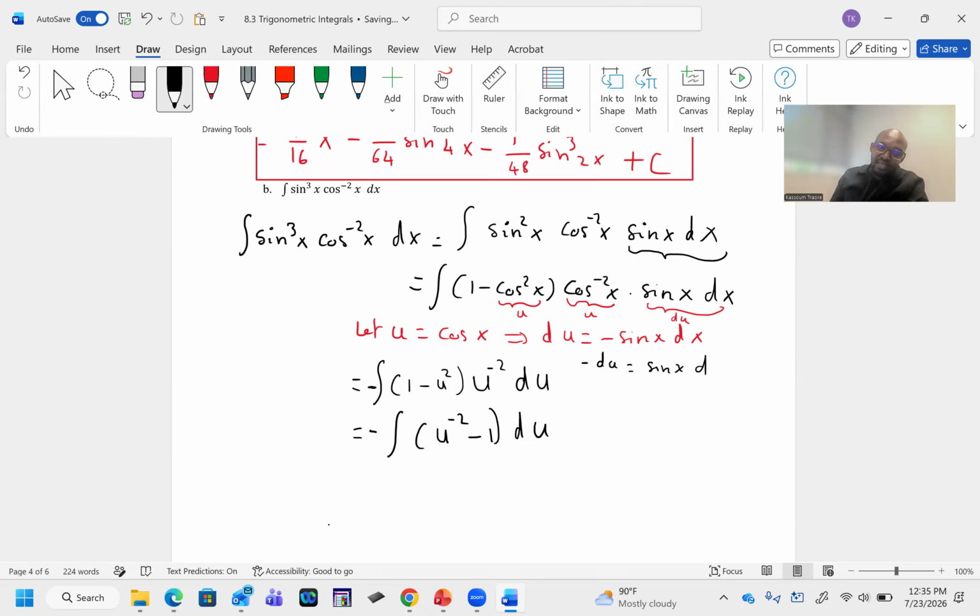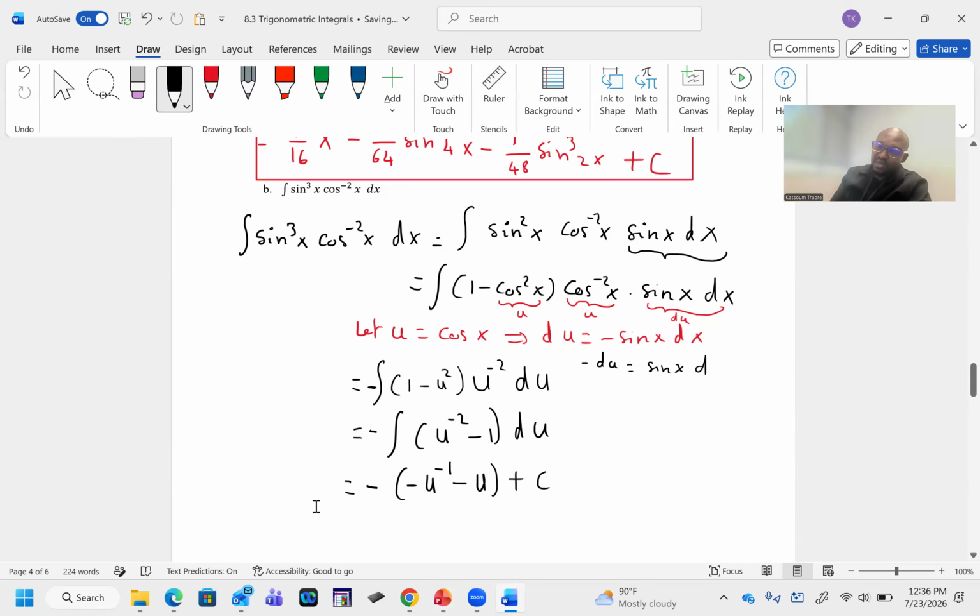If you find the antiderivative, it will give you what? We already have this negative, u to the power of -2. If you add 1, it will become negative u to the power of -1 minus u plus c.